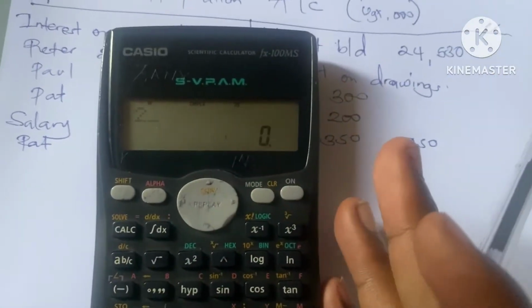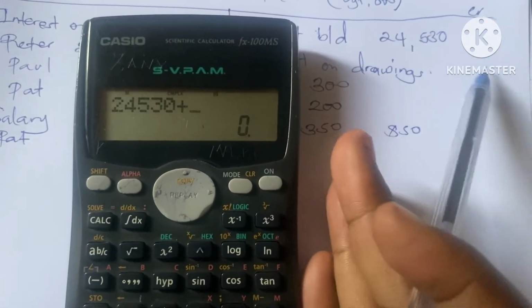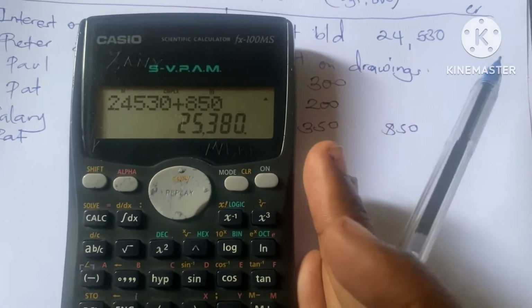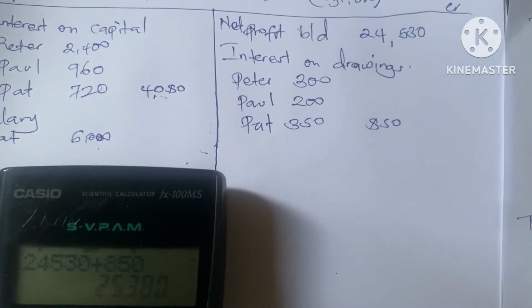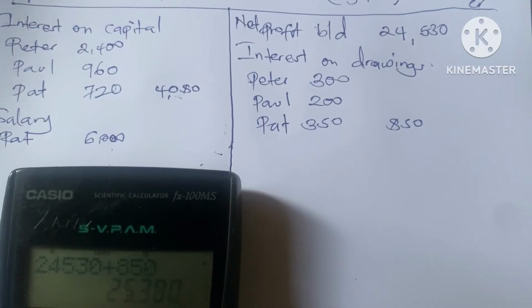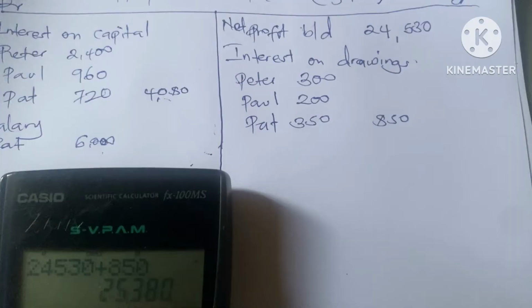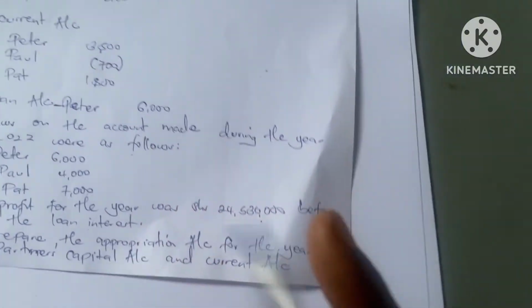So 24,530 plus 850. Sorry, there was a mistake in the question.